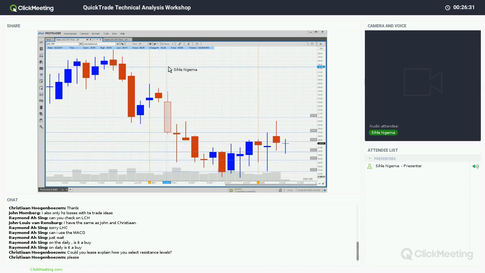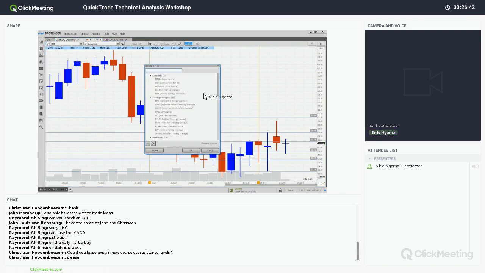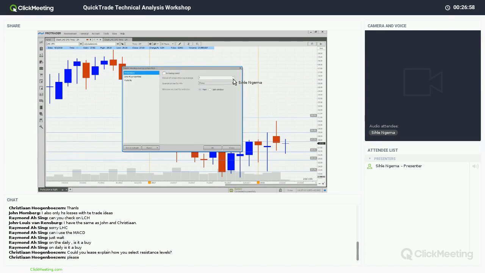You right click on your screen, go down to indicators, go add indicator. You're looking for a moving average. Moving averages are grouped here. We have 10 of them. So you pick the SMA, simple moving average. That's what you pick, and you go okay.